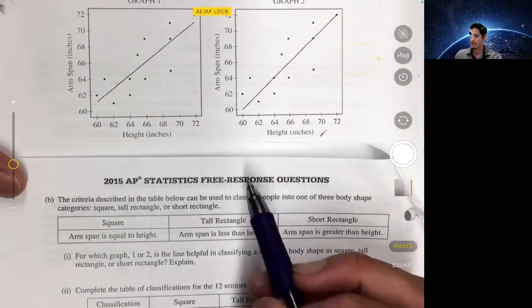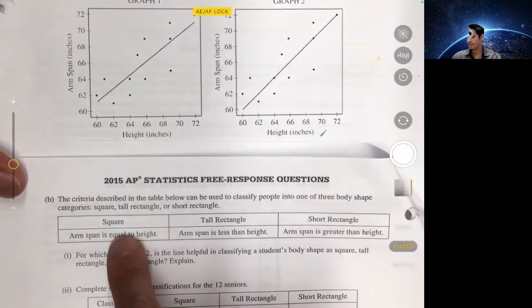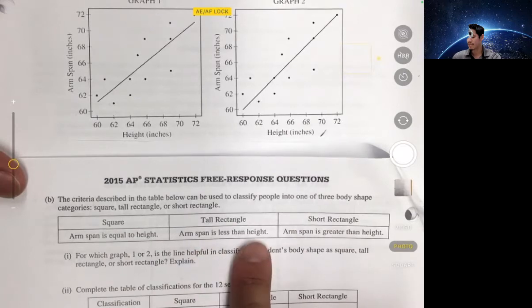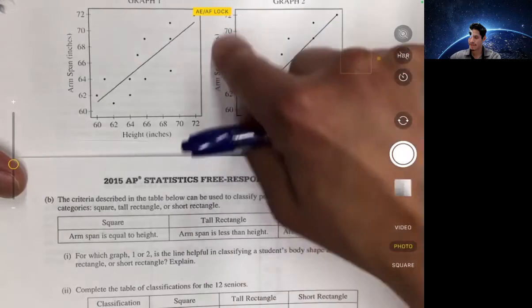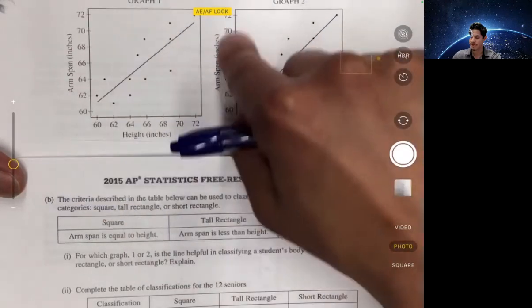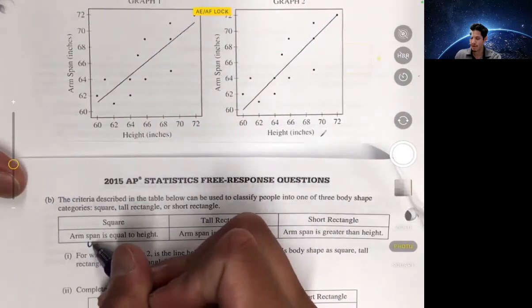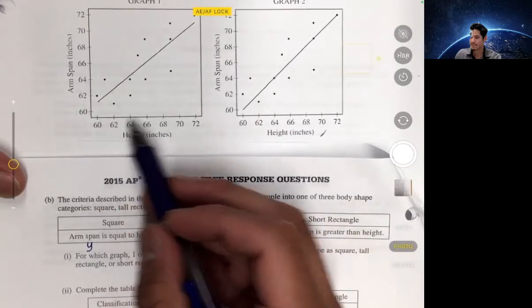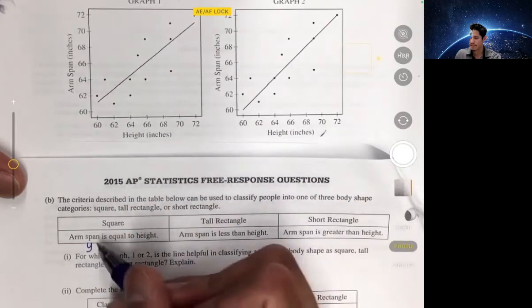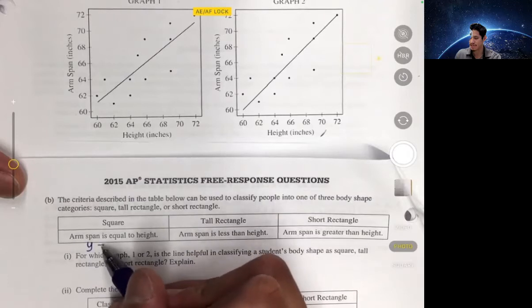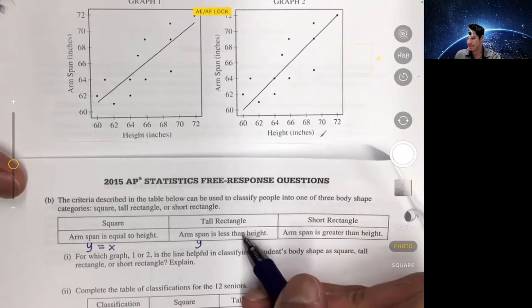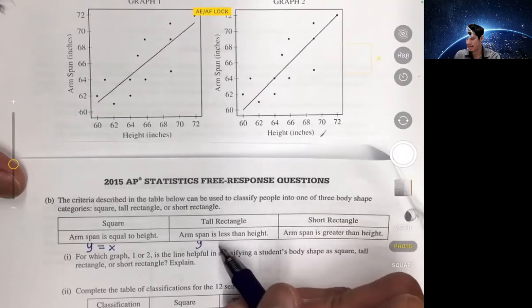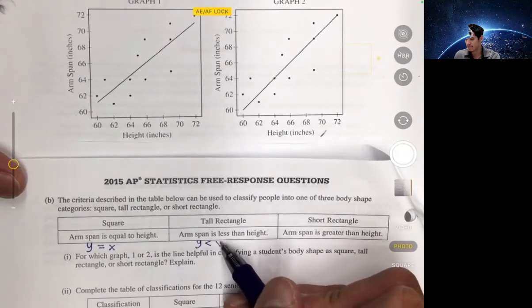So let's relate arm span and height as the variables that they're represented as. Arm span is the y variable, and height is the x variable. So if we say arm span is equal to height, that's like saying y equals x. If arm span is less than height, then y is less than x.